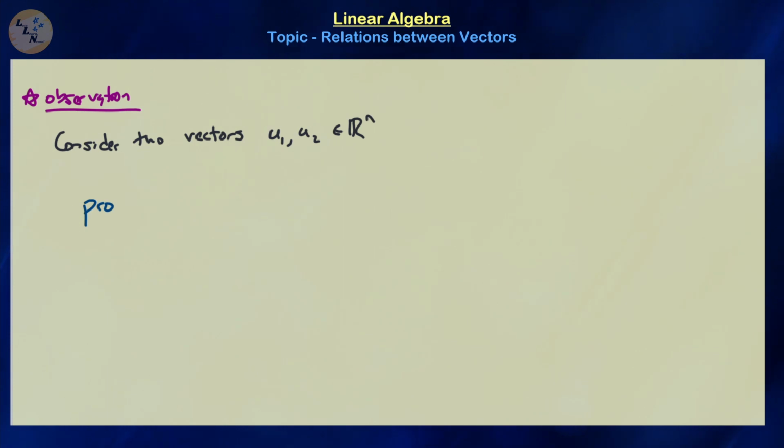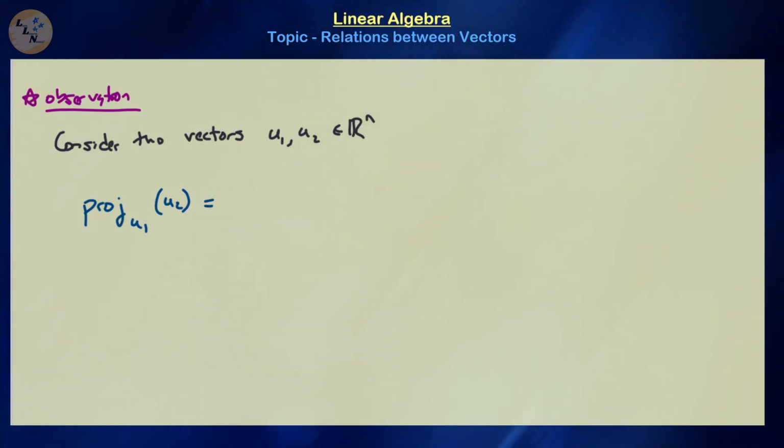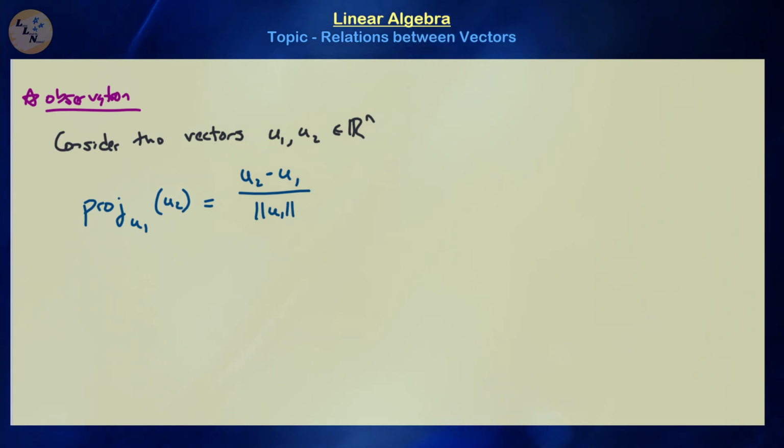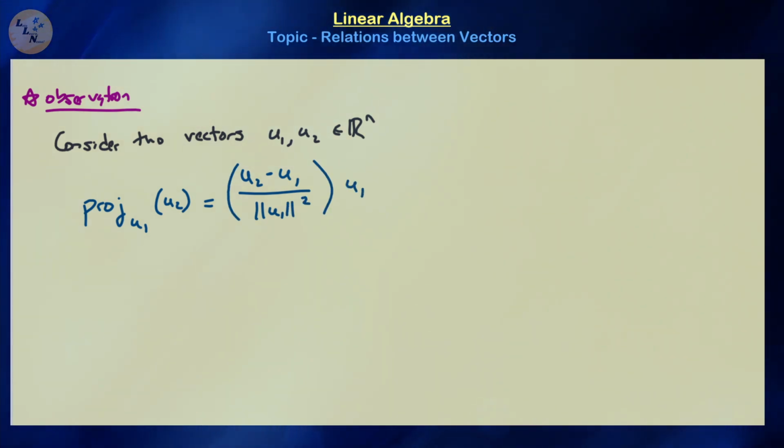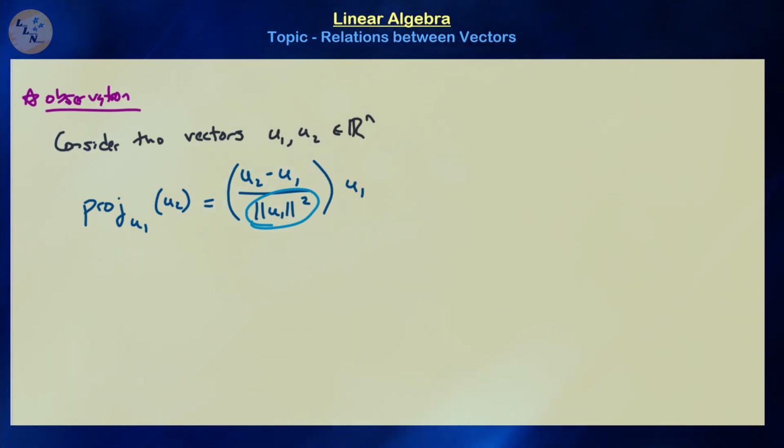So the projection of u2 onto vector u1 is going to be equal to what? That's the dot product of u2 with u1 divided by the norm of u1 squared times the vector u1. What I want to do is decompose this square into something times something, in particular the norm of u1 times the norm of u1, and then rearrange this.